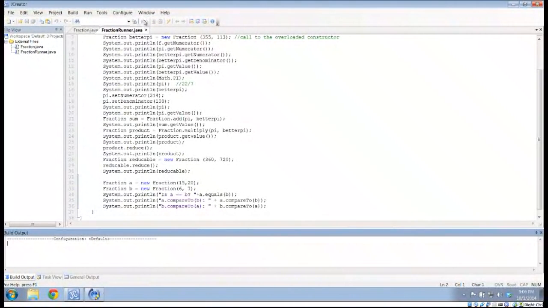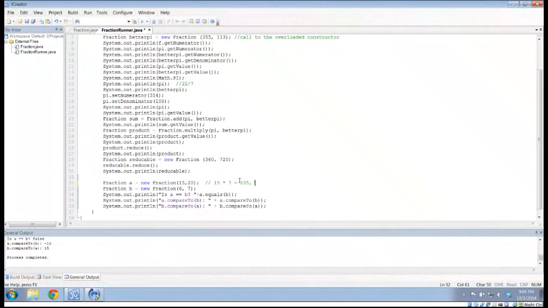And if I run this, notice it says if A equal to B, that's false. And when A is comparing itself to B, I get negative 15. And when B compares itself to A, I get a positive 15. Notice that what we're really saying is 15 times 7 is 105.